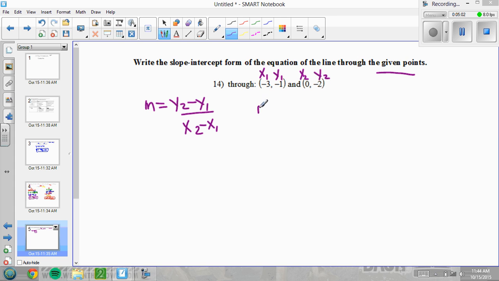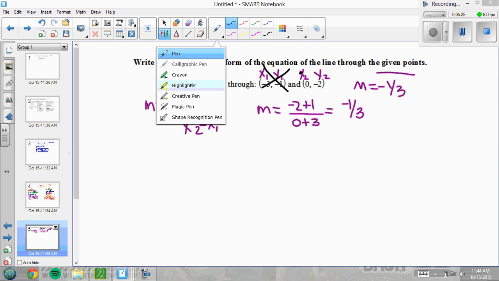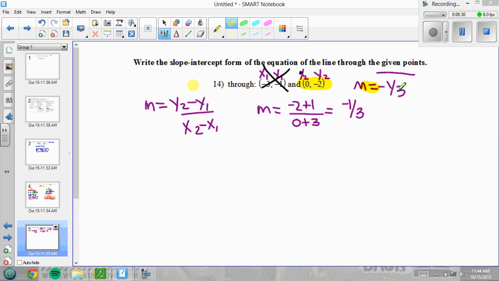So we have m equals negative 2 minus a negative 1, which means plus 1, over 0 minus a negative 3, so plus 3. So we get negative 1/3. I'm going to write up here m equals negative 1/3, and cross out one of my points, so I'm only focusing on one point and my slope.